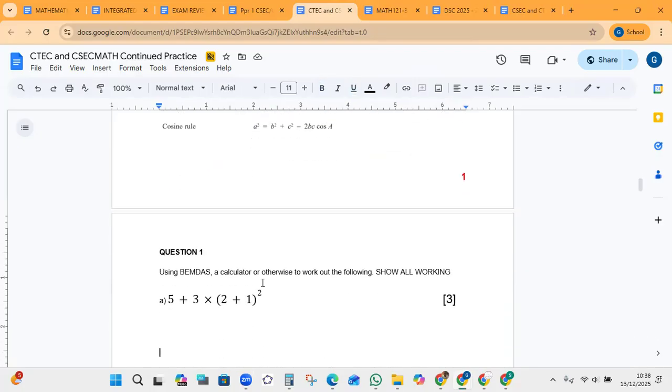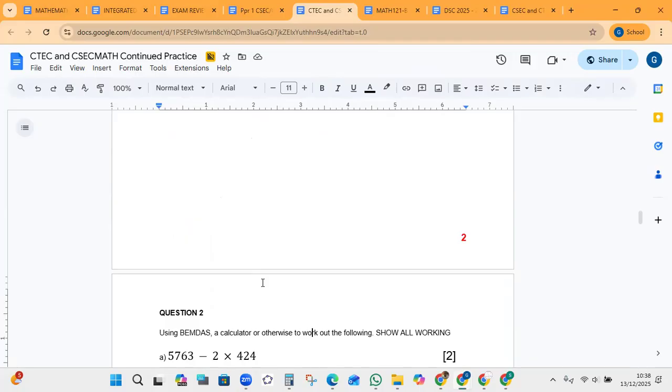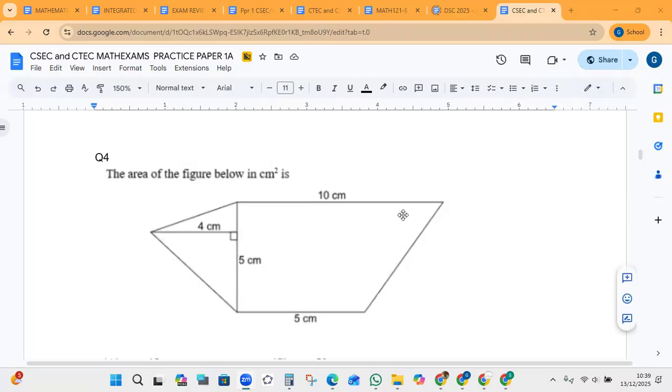Let us see. Where was that? And this was in question number 4, which has both a trapezium and a triangle. Okay, so the area of a triangle and the area of a trapezium, both can be found in the list of formulas.